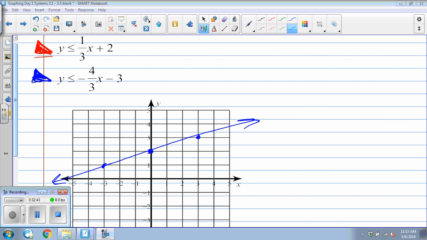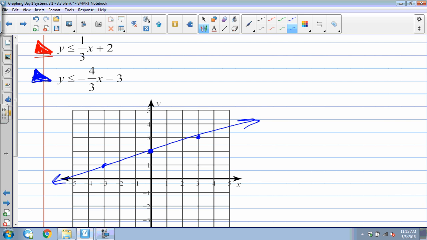Oh, that's in red. Let me do it again. Okay, let's do the blue one.